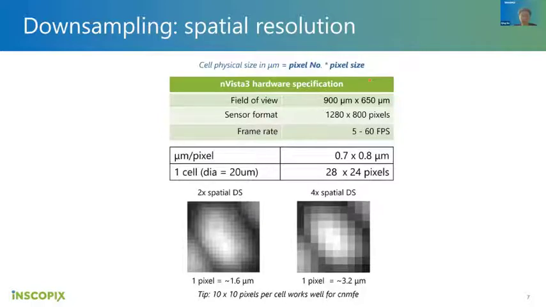And the highest resolution is determined by the sensor. The sensor is about 900 micron by 650 micron, and they can only pack 1,200 pixels by 800 pixels. Then the highest resolution for a single pixel is about 0.2, 0.3 microns. That's about a single pixel size.